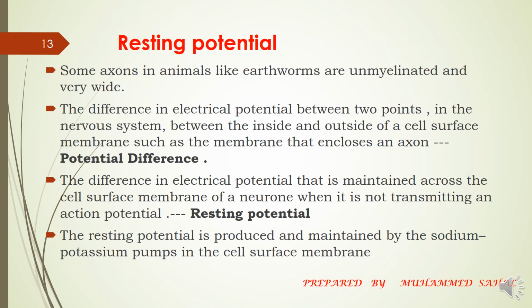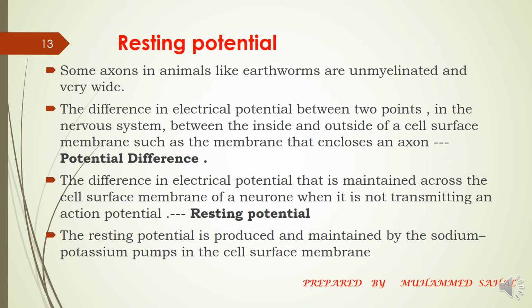Now, resting potential. Some axons in animals like earthworms are unmyelinated and very wide. The difference in electrical potential between 2 points in the nervous system, between the inside and outside of a cell surface membrane, such as the membrane that encloses an axon, is termed potential difference.